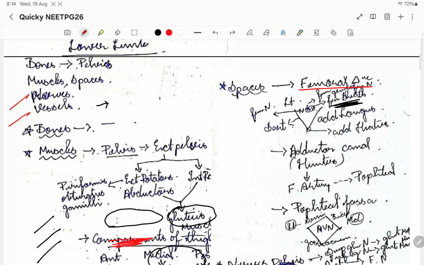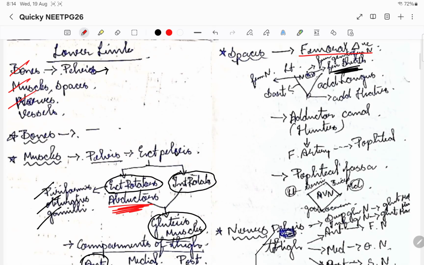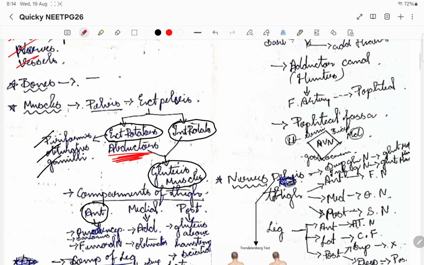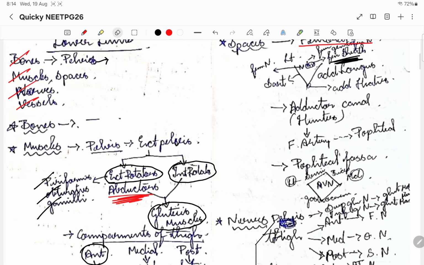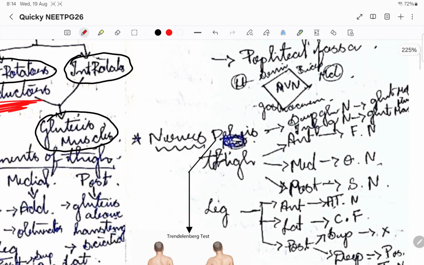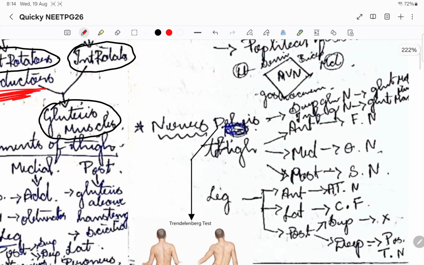Okay, so now we'll move on to nerves and vessels. So vessels are also done, right? Vessels we are done with, and now we'll move on to nerves. The nerves of the lower limb are divided into the pelvis, the thigh, and then the legs.